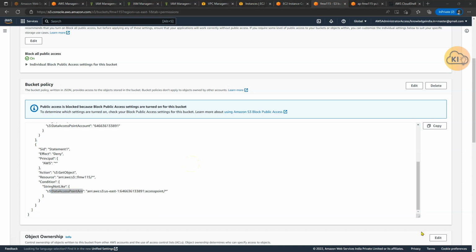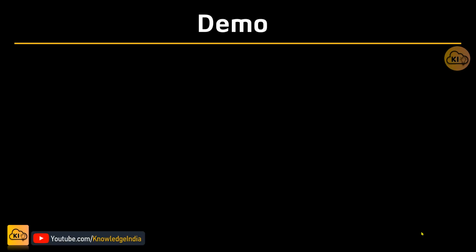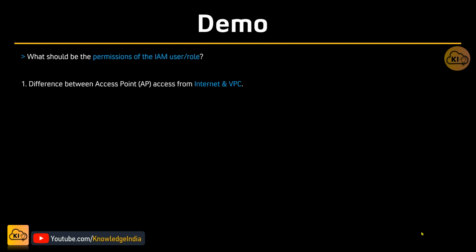So that kind of summarizes it all for us. We looked at different things here, like what should be the permission for an IAM user or role. Try to give it minimum. I'm repeating it. If you want to hit S3 access point, give S3 access point as the resource. Give access point ARN in the resource. We understood the difference between internet and VPC network origin.